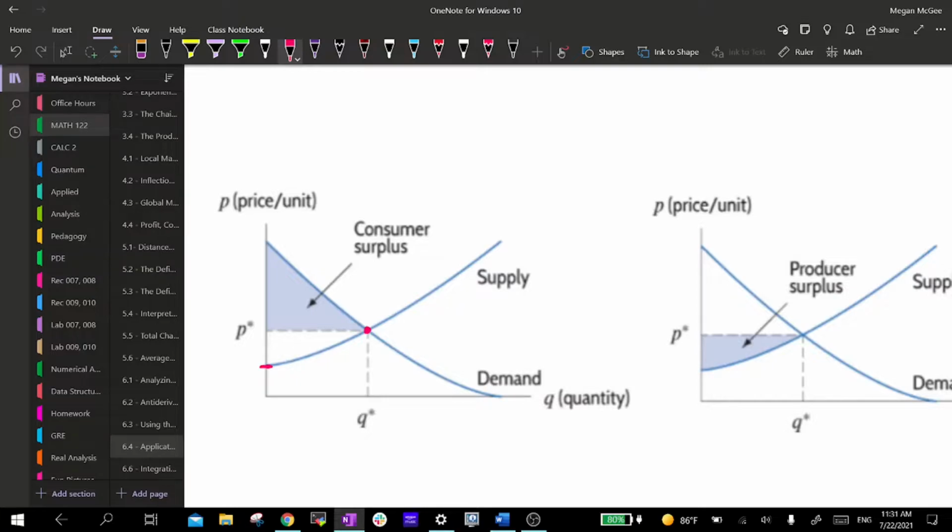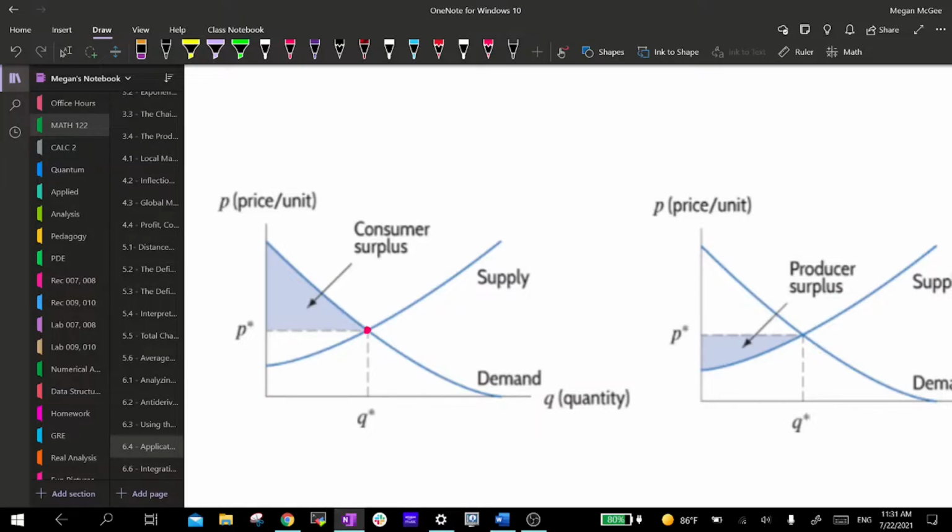So the producer is not selling at the lowest price possible, and the consumer is not buying at the highest price possible. Instead, they meet in the middle, selling at the equilibrium price, because we have this thing called consumer and producer surplus.